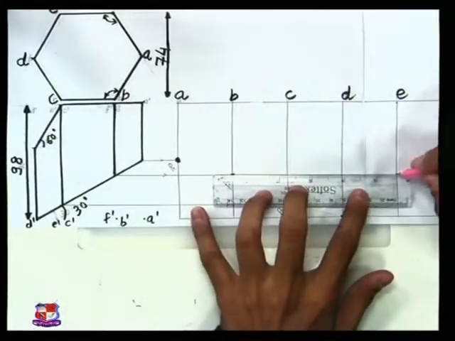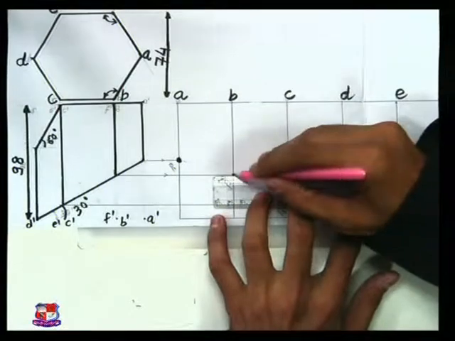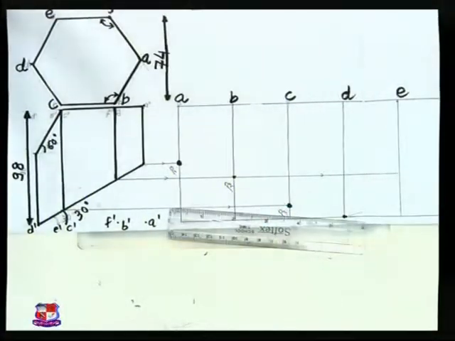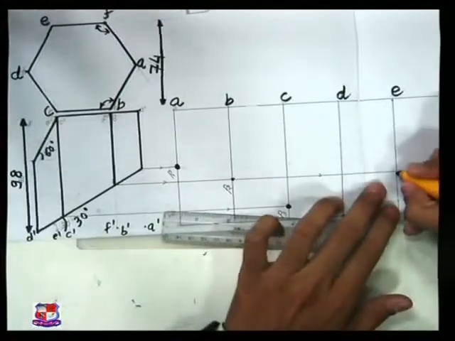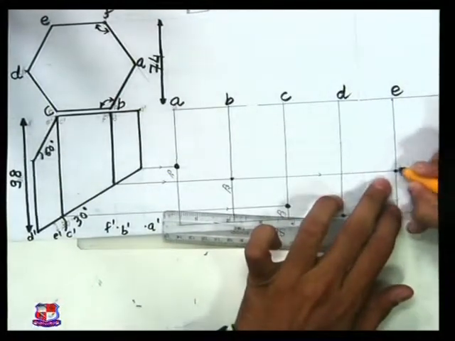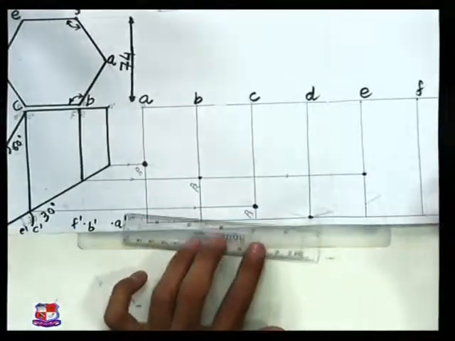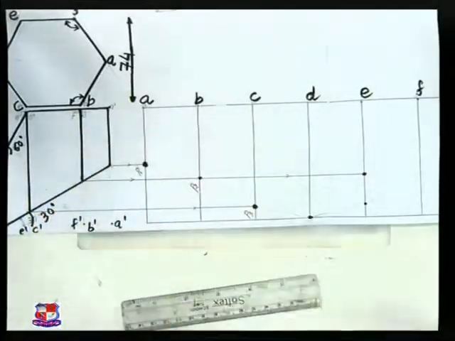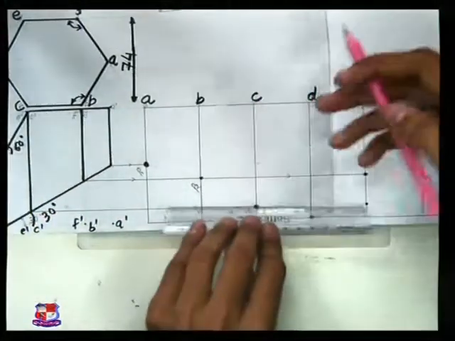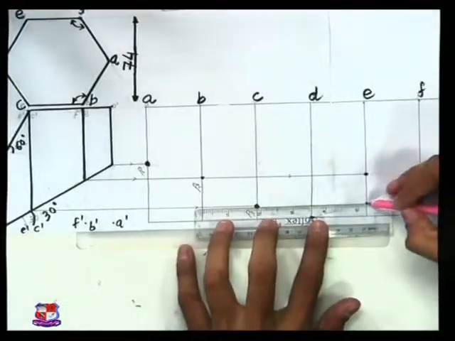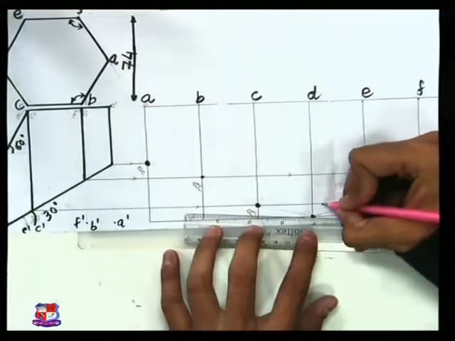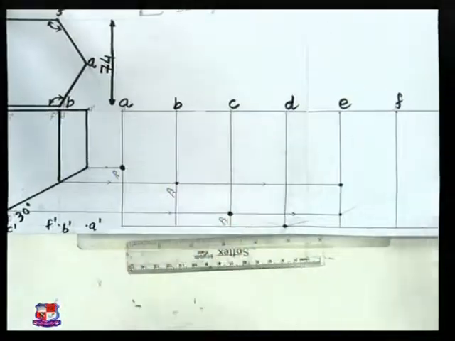Horizontal line from that point, transfer this point over here, and that will cut OE at one point, somewhere here on OE. So transfer this point over here, and this is point E.